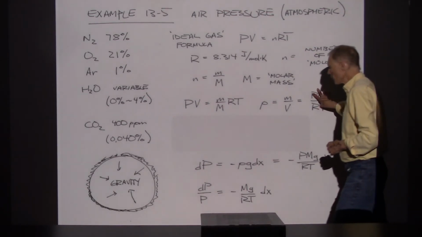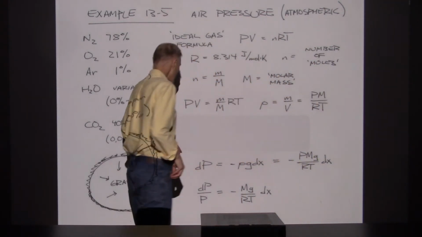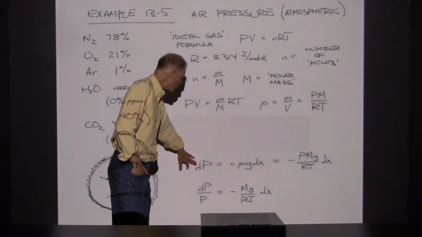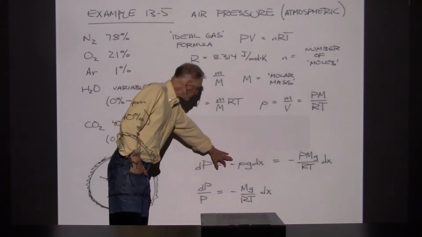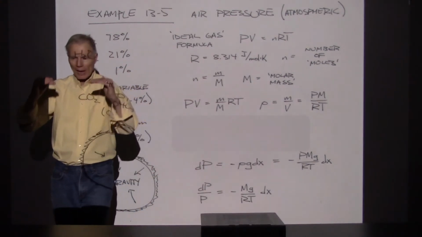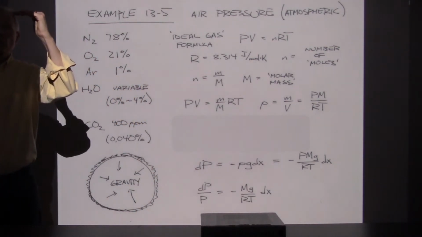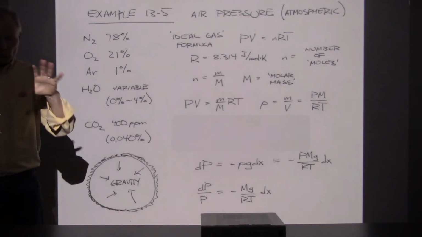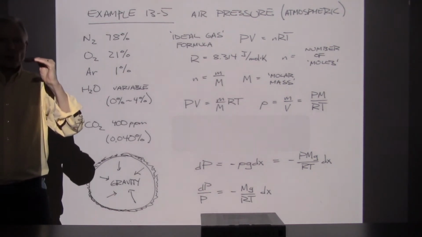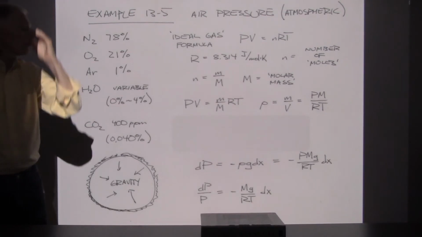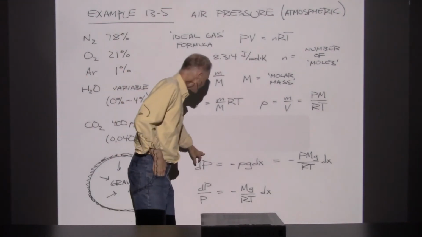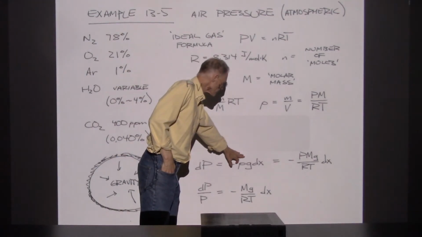Now, remember this was the formula we said we could use to calculate how the pressure drops off as we go up. So we start at the level of the surface of the Earth, and we start going up through the atmosphere, and this is going to tell us how the density drops off.